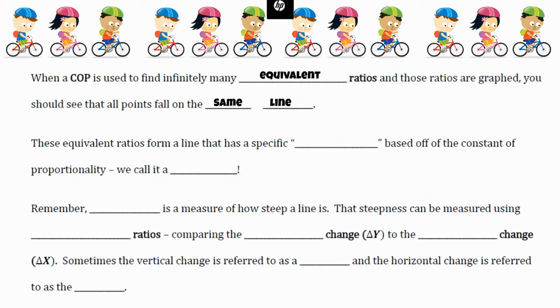These equivalent ratios form a line that has a specific steepness based off of the constant of proportionality, and we call how steep a line is the line's slope.